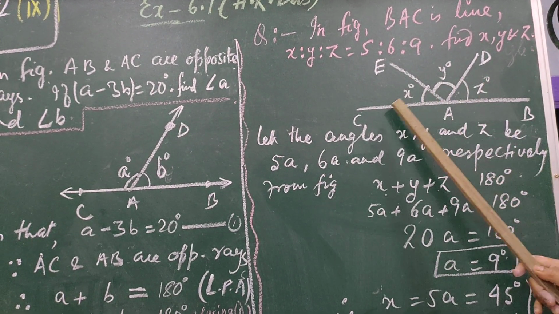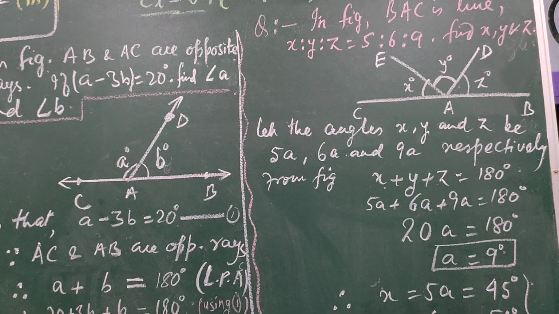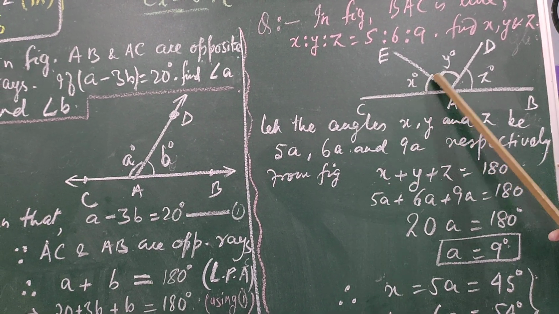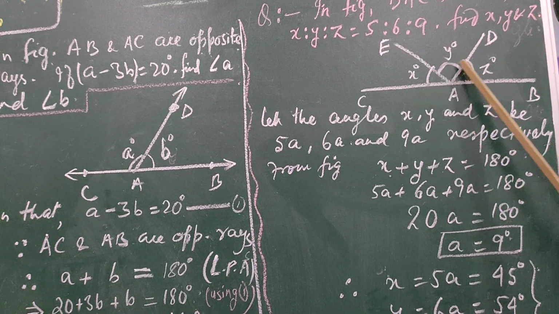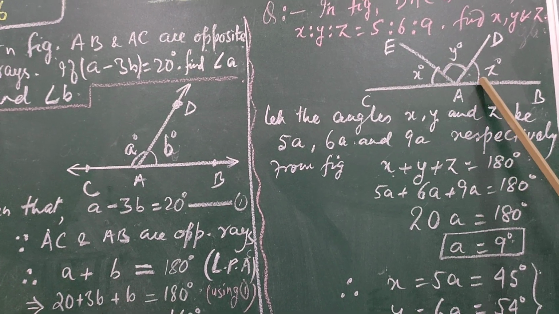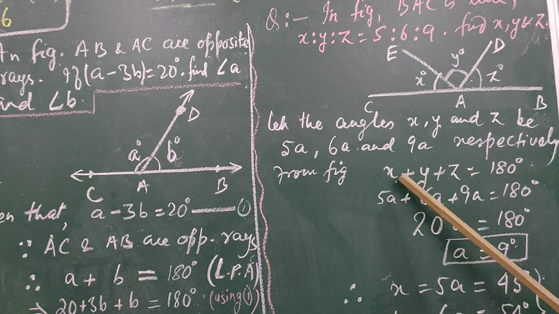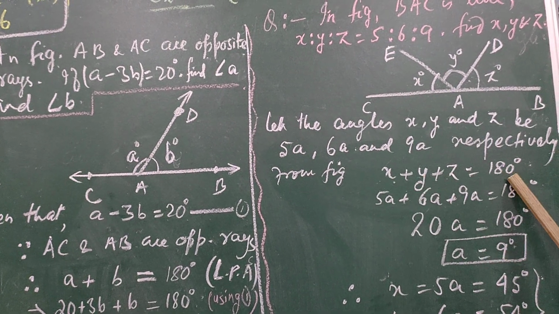From the figure, since CAB is a straight line, this whole angle is a straight angle, and the straight angle is of magnitude 180 degrees.